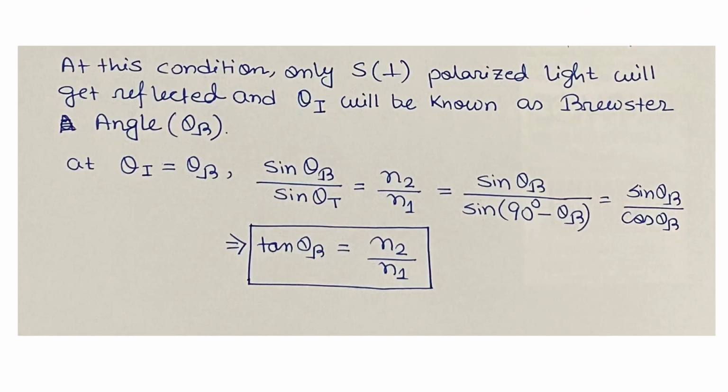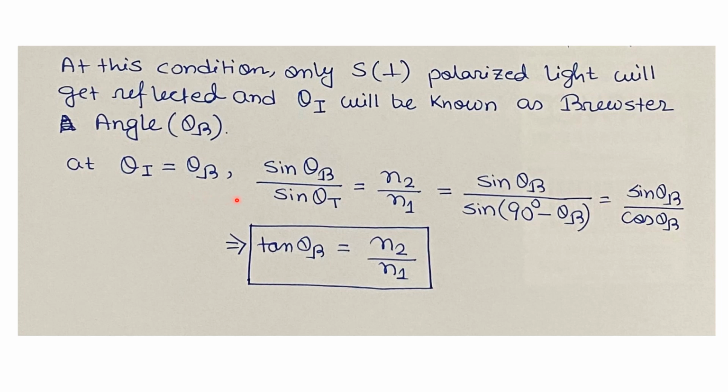Under the condition of theta I plus theta t equals 90 degree, only the S polarized light, that is the light with electric field in the perpendicular direction of the plane of incidence, will get reflected and theta I will be known as Brewster angle. Now we will use Snell's law to estimate the Brewster angle. Under this condition, the angle of incidence theta I is basically our Brewster angle, theta b.